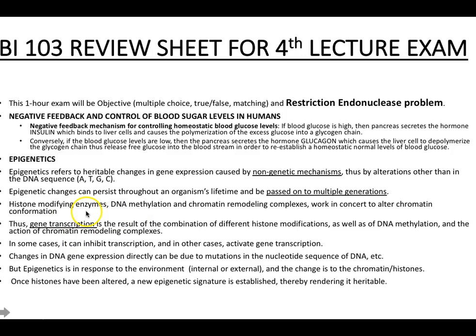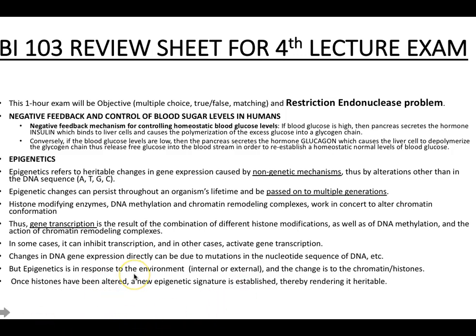So gene transcription can be the result of different histone modifications. You can either inhibit or activate, and normally, let's say for my red blood cells, I would want the genes that code for hemoglobin to be activated, but the genes that code for neurotransmitters to be inhibited.